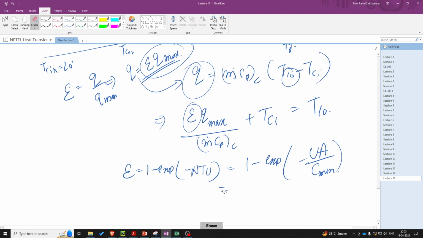For that, first you need to find the C_minimum. In this case, C_minimum is for the cold fluid, that is m_dot Cp of the cold fluid. The mass flow rate will be rho A V, with the average fluid velocity as well as the number of tubes.